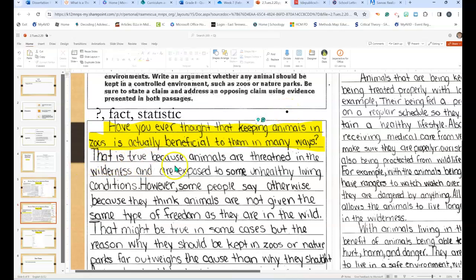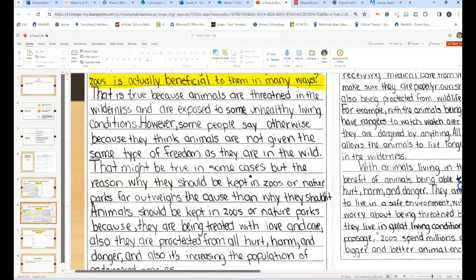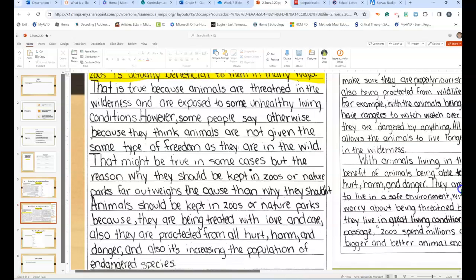That is true because animals are threatened in the wilderness and are exposed to some unhealthy living conditions. However, some people say otherwise because they think animals are not given the same type of freedom as they are in the wild. That might be true in some cases, but the reason why they should be kept in zoos or nature parks far outweighs the cause than why they shouldn't.